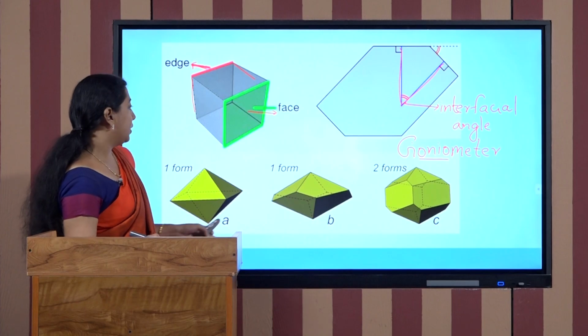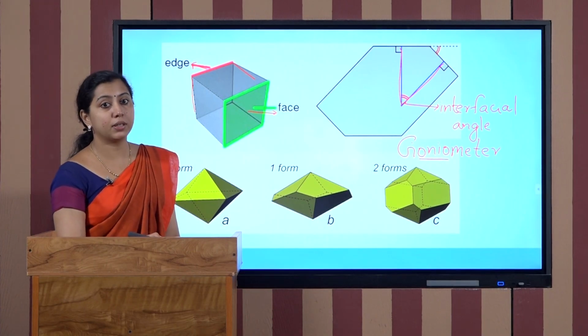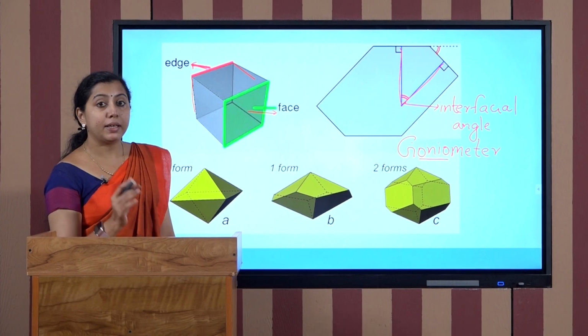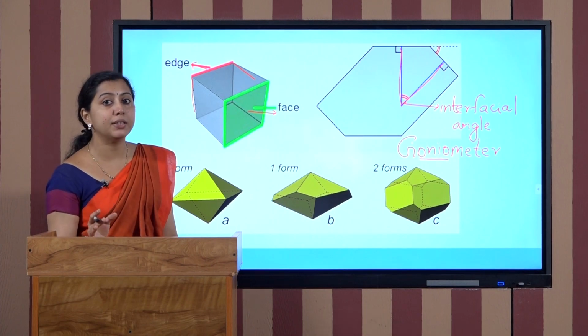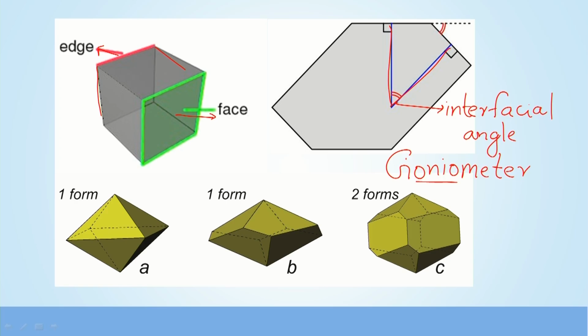Given below represents the forms of a crystal. We have seen that each set of similar faces contribute to a form. So, in figure A there is only one form, that is one set of similar faces. In figure B also there is only one set of similar faces, whereas in figure C you can see two sets of similar faces.